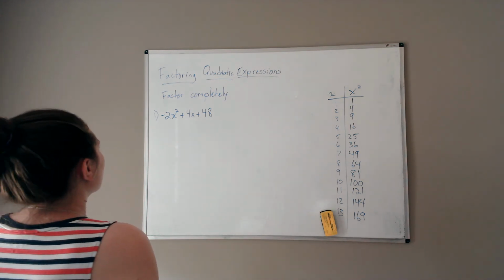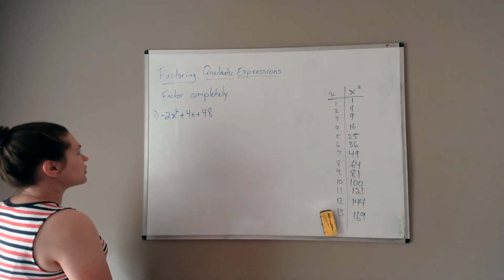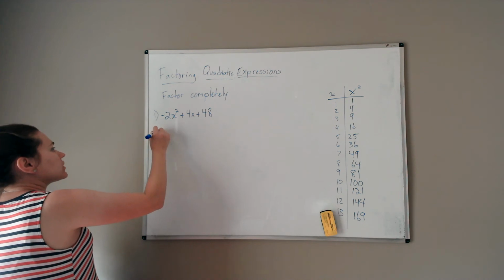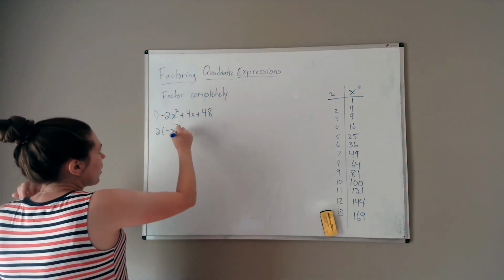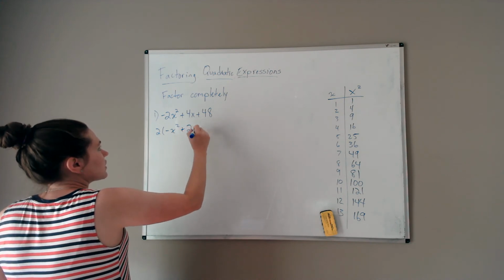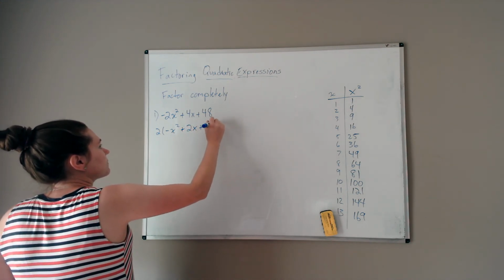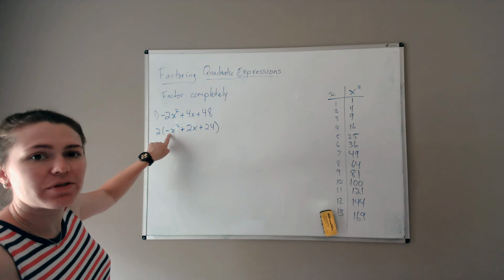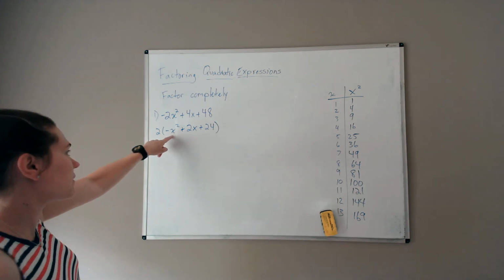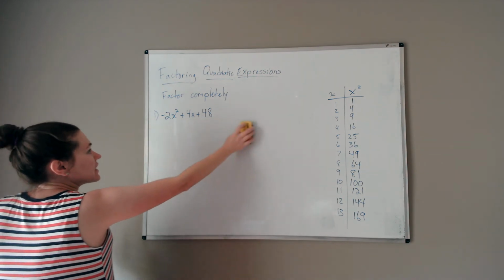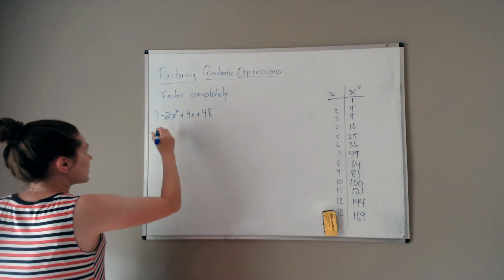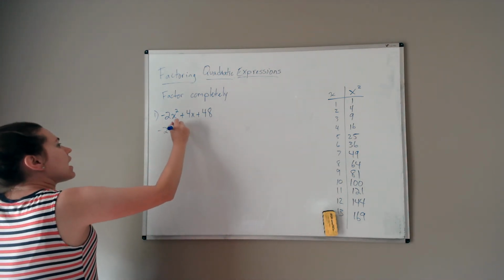I can take out either 2 or negative 2. Now, I'm going to show you something. If I take out 2, then I have negative x squared plus 2x plus 24. If you don't like working with a negative as your leading term here, you can just take out the negative from the beginning in the greatest common factor. So that would be negative 2 times x squared minus 2x minus 24, okay?